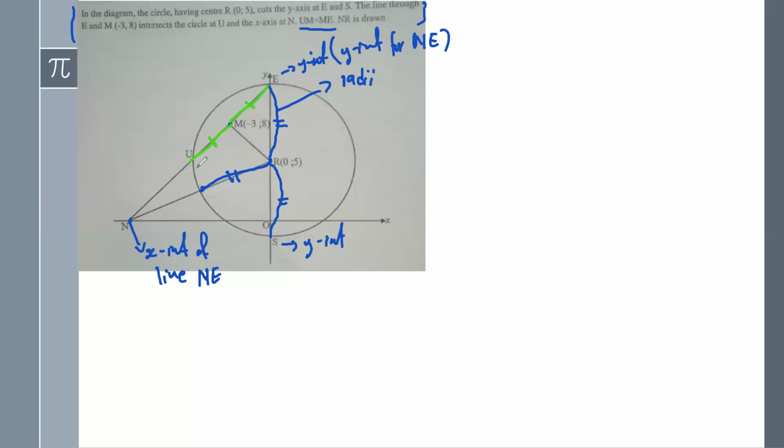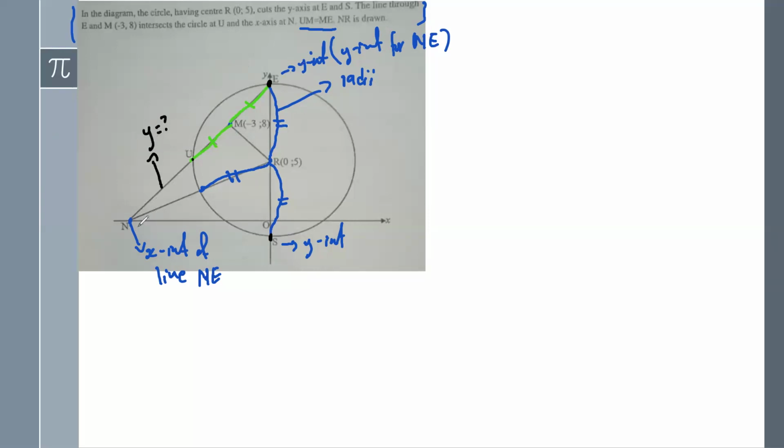Now, looking at these, before even looking at the questions, without reading what the questions require, you already anticipate being asked the coordinates of E and S. You probably anticipate being asked the point U. Of course, you will need the line NE for that. So we could expect to find the equation of this line.